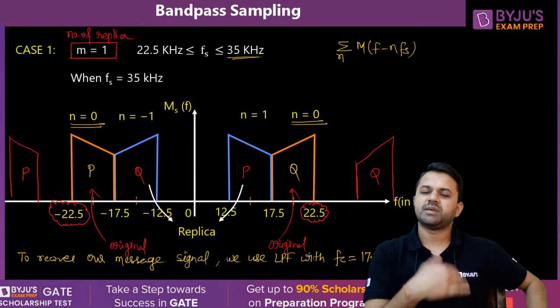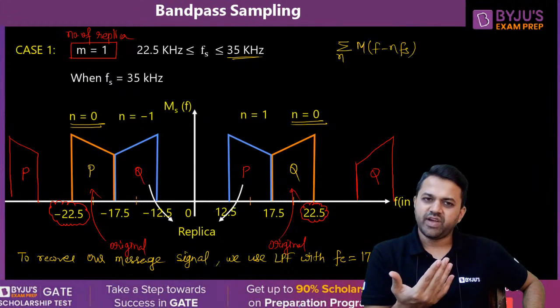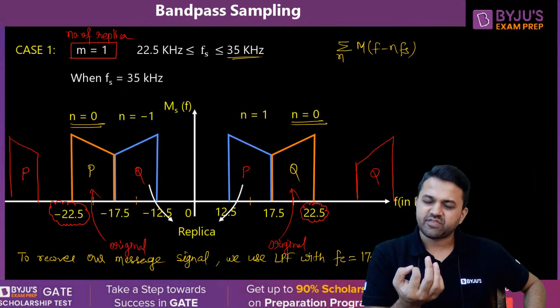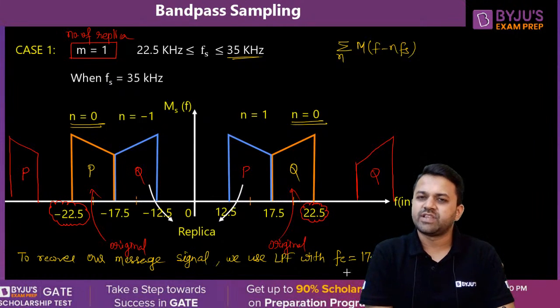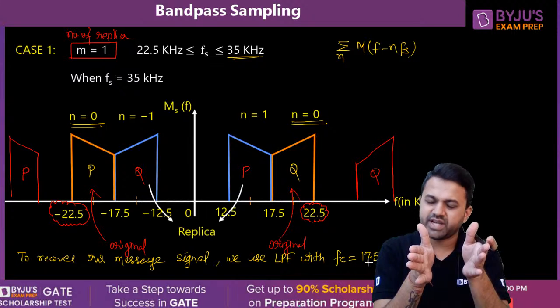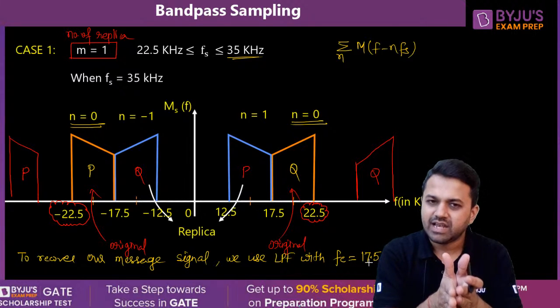In the previous case, when we took sampling frequency 45, the cutoff frequency of the low pass filter was 22.5. But when we take sampling frequency 35, the cutoff frequency becomes 17.5, so it is quite less.